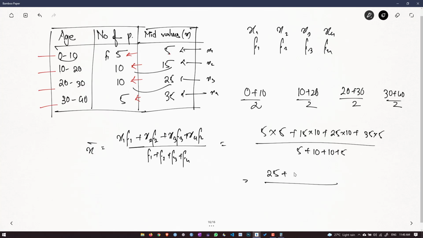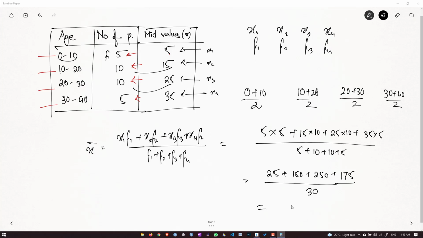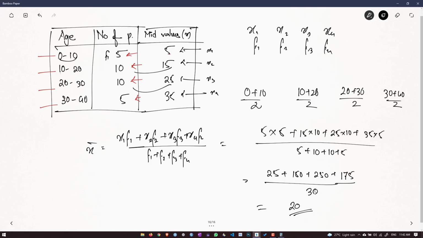So this is 25, 150, 250, and 35 into 5 is 175, and the total frequency will be 30, and the answer is 20. So the average age of this data set, where we have 5 people from 0 to 10, 10 people from 10 to 20, 10 people from 20 to 30, and 5 people from 30 to 40, is found to be 20 years, right?